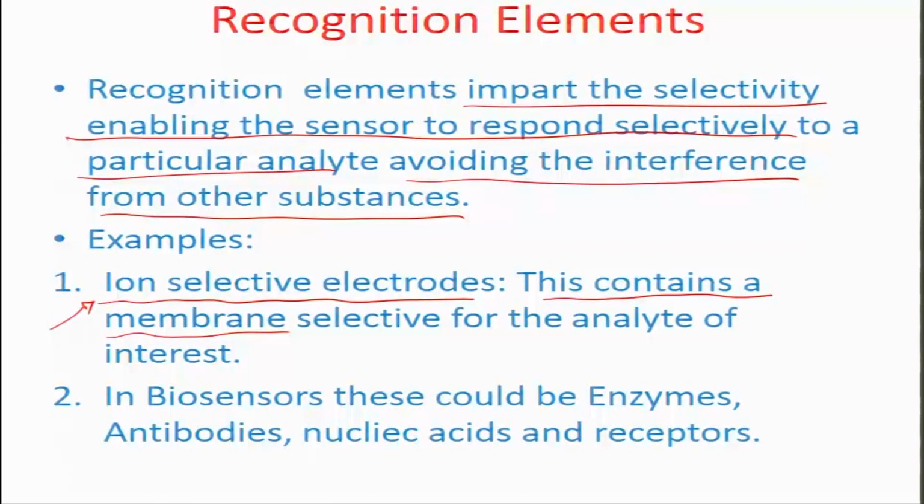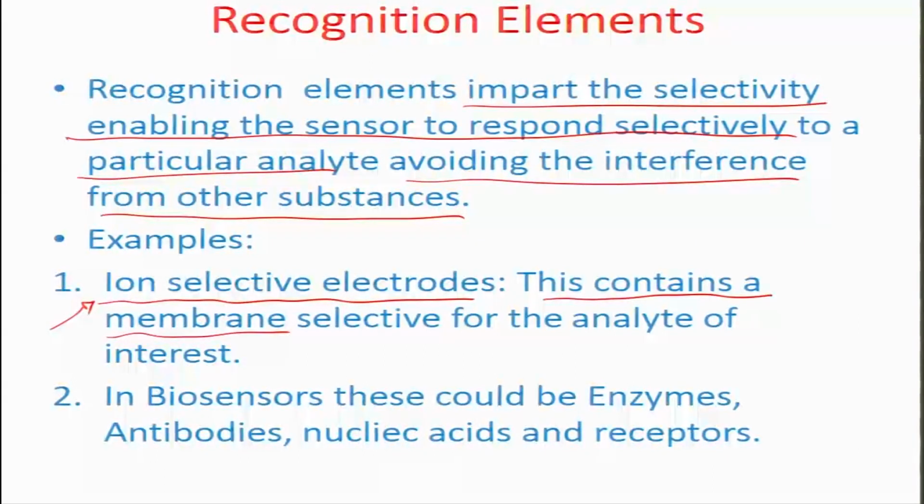It could be a size based selection. For example, it may be so small that it allows only the charge transport of H plus, whereas other species which are nearby and larger get shielded off and are prevented from entering the sensorial surface where there is an electron transition which is taking place.